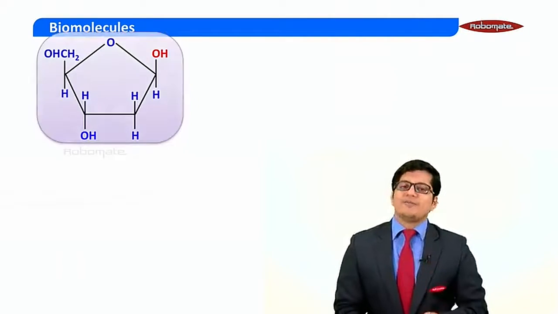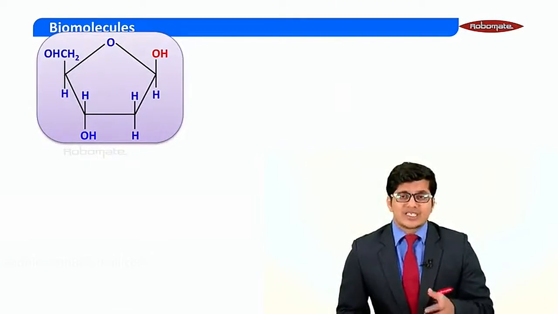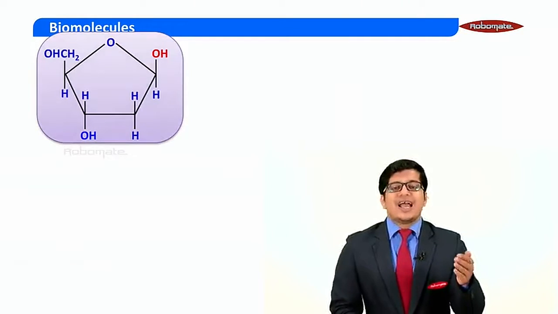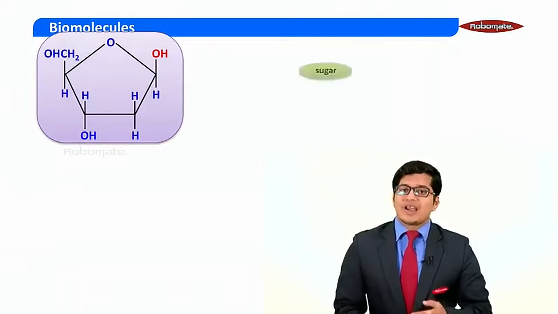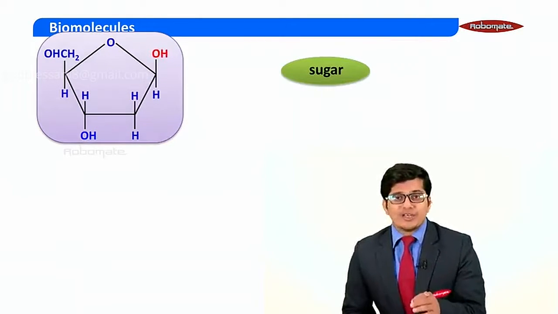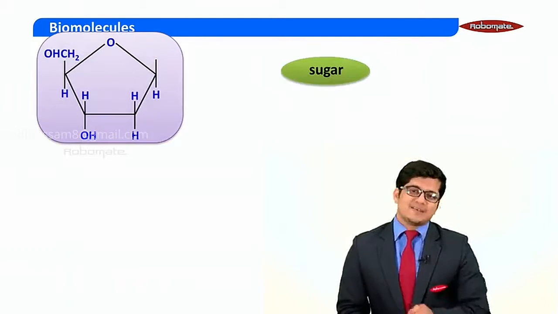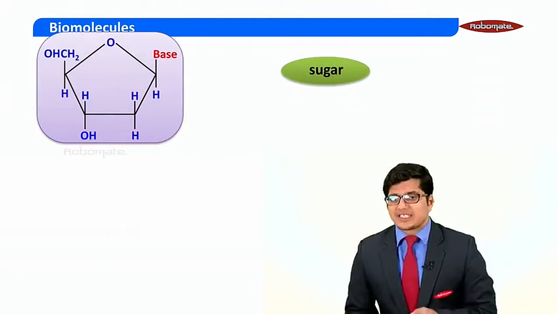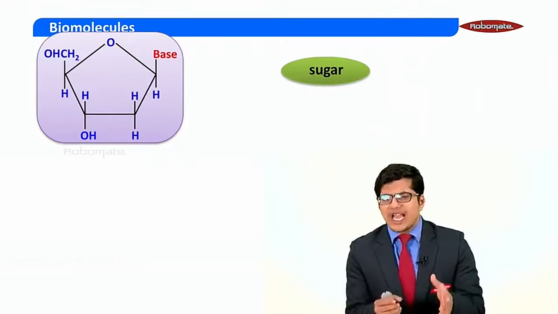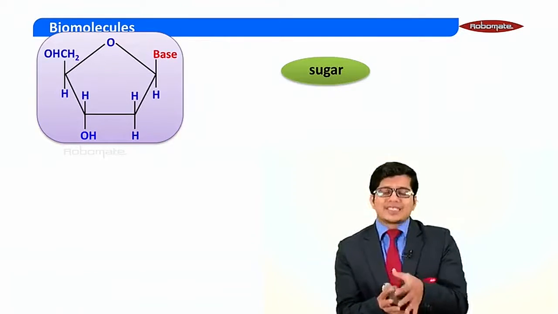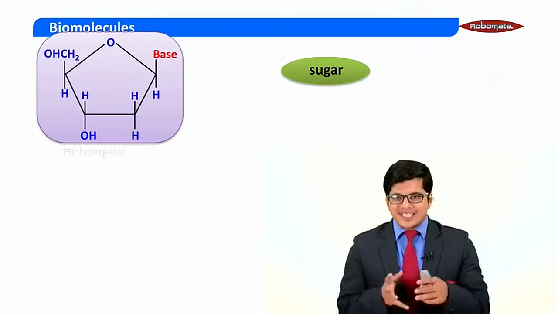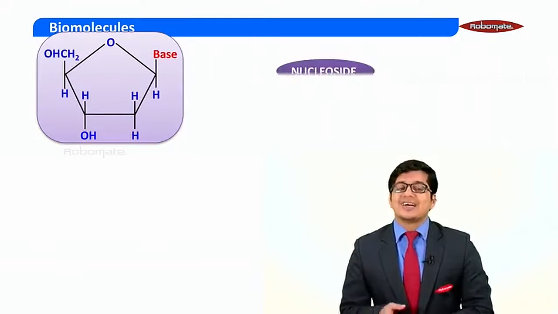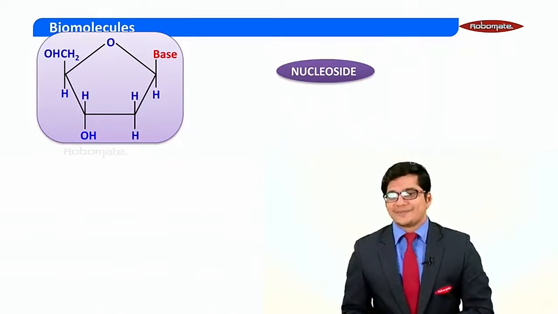Now from the first carbon, we are removing the OH, and instead of that we are adding a base to this sugar molecule. So what we added instead of OH is a base. So now do we have a sugar and a base? Yes, we have it. And this structure is called a nucleoside.